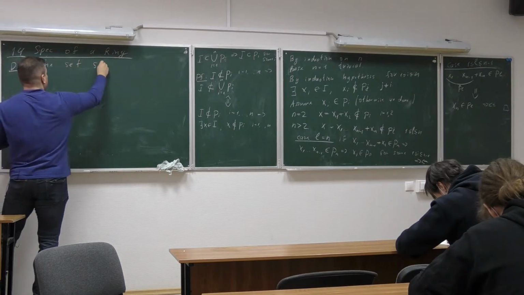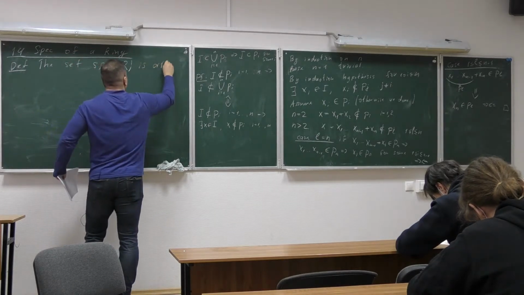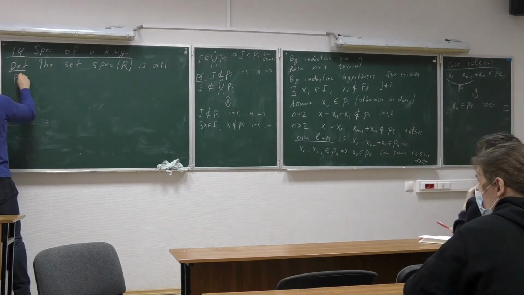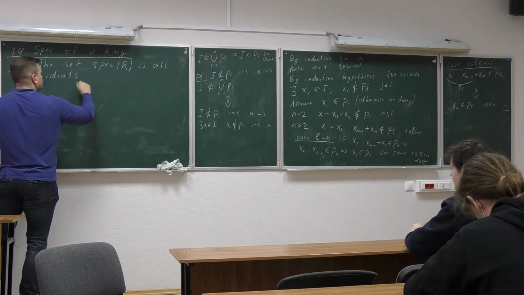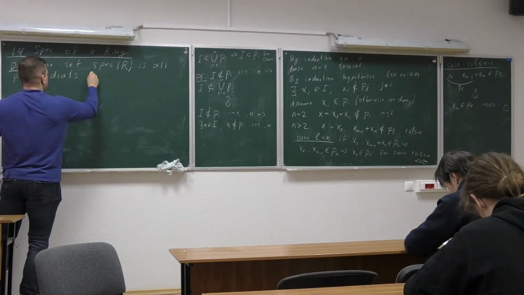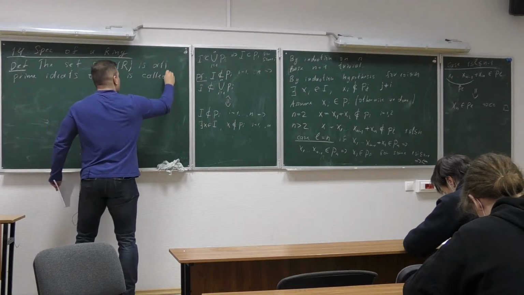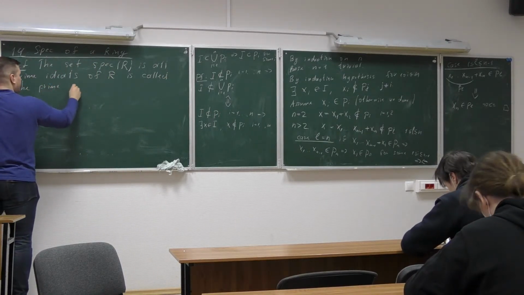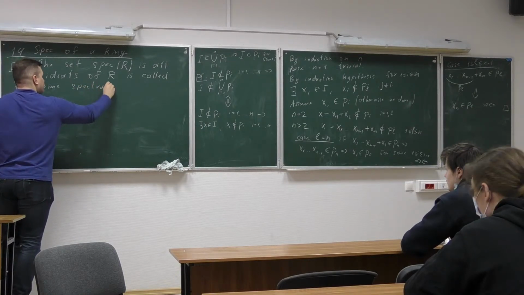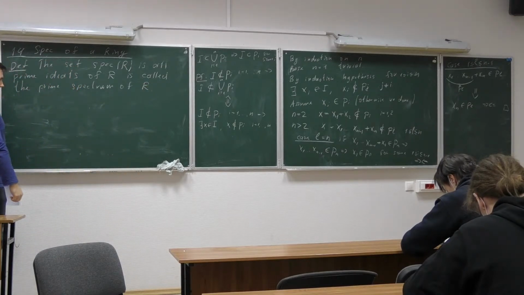This set Spec of R of all prime ideals of R is called the prime spectrum of the ring R. So this is just the set of all prime ideals.